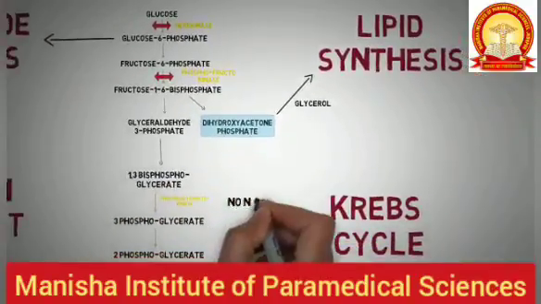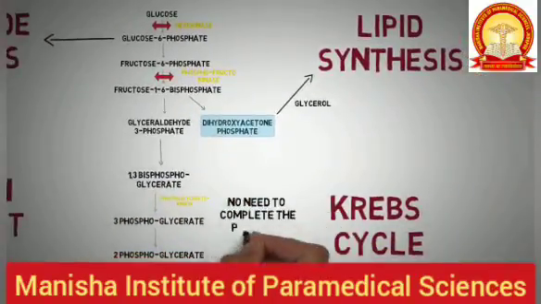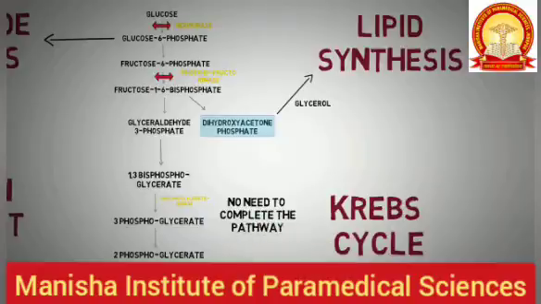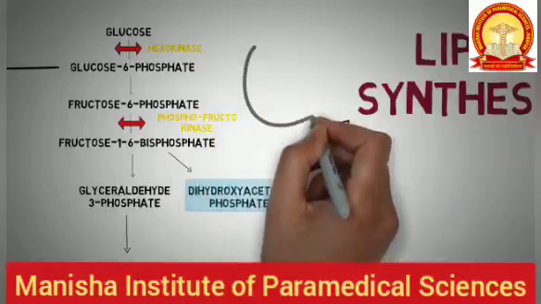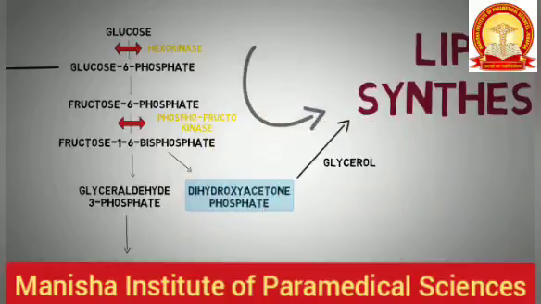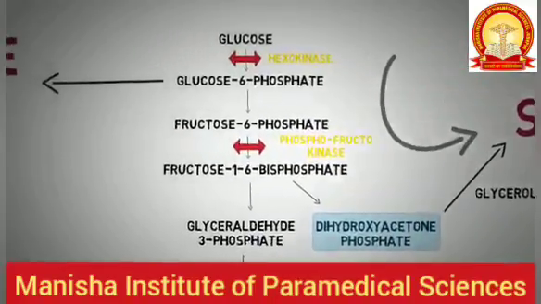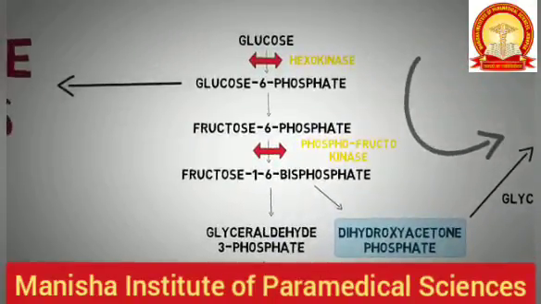Your pathway of glycolysis doesn't need to go till the end because you don't need more energy, but it still needs to go till dihydroxyacetone phosphate, which can be diverted to produce glycerol so that you can synthesize fat and store it for energy. Metabolic control must therefore allow glucose to be converted into dihydroxyacetone phosphate, even though the complete breakdown till pyruvate need not occur at such high rates.